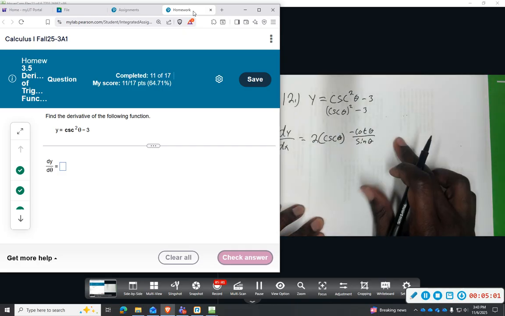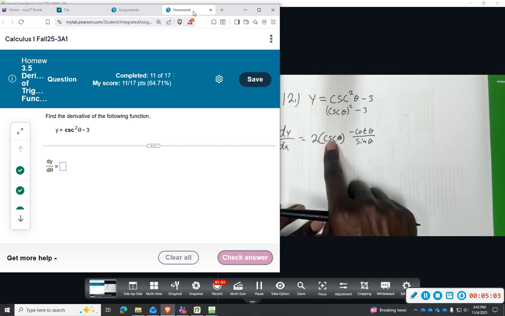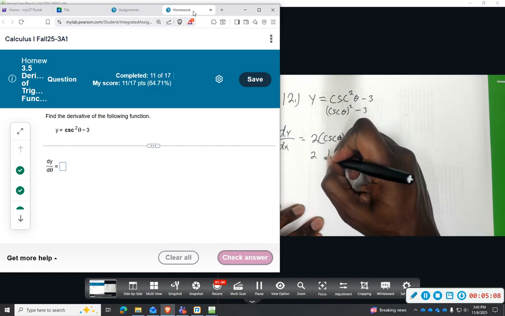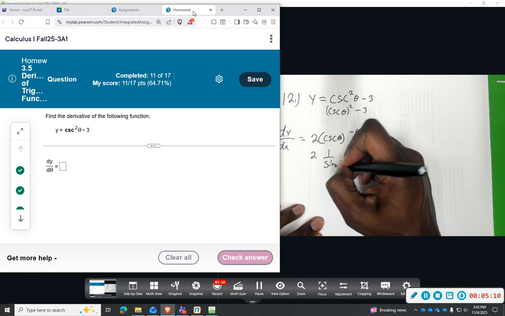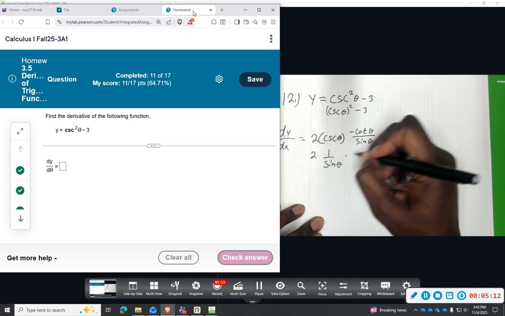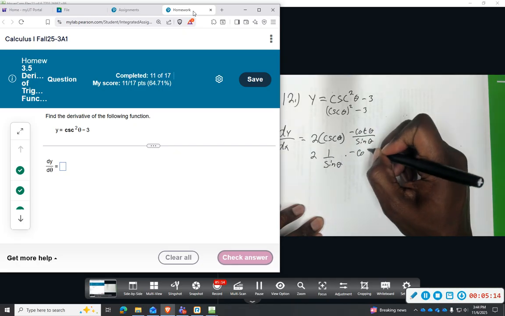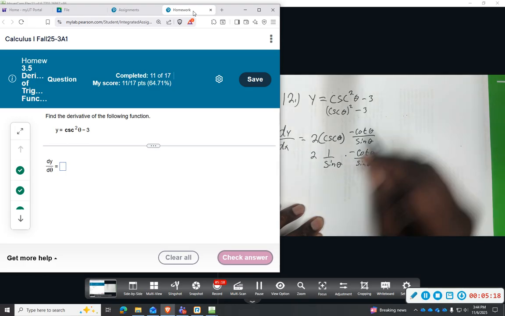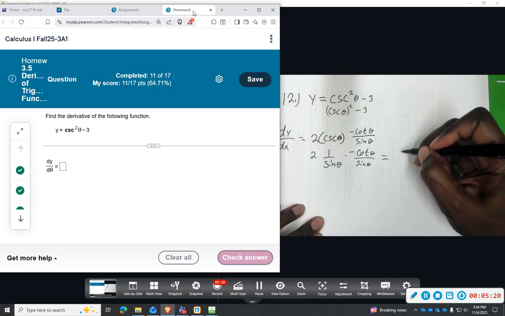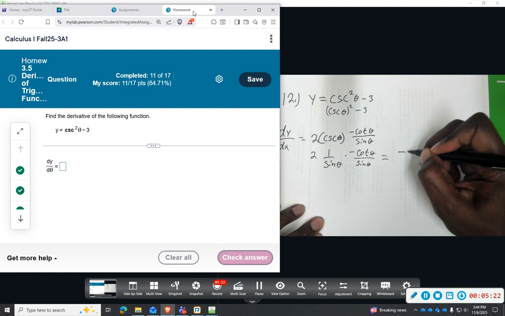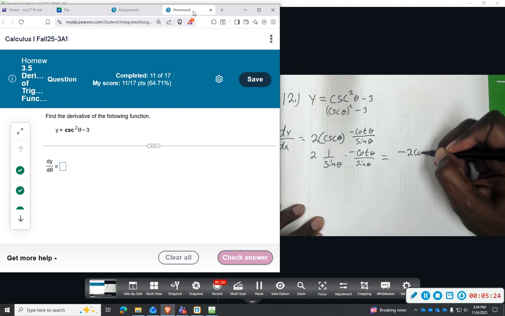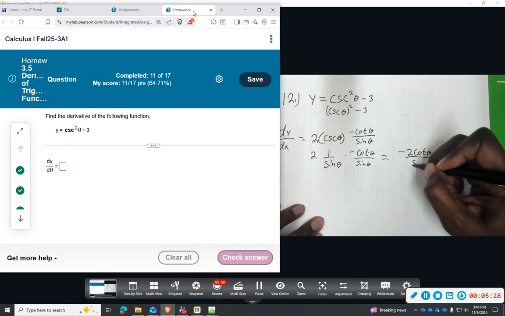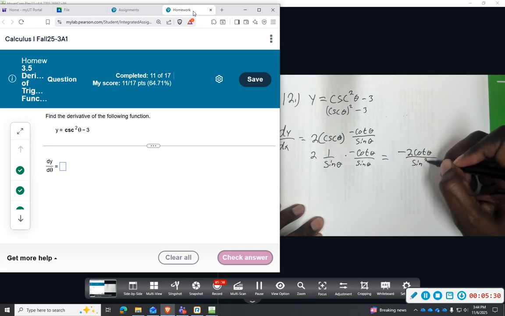This is our derivative. Cosecant is 1 over sine. If I wanted to simplify a little bit further, I can have 1 over sine of theta times this negative cotangent over sine of theta. And when you multiply these two together, you'll get a negative 2 cotangent of theta all over sine squared theta.